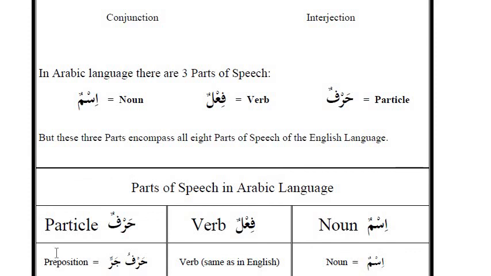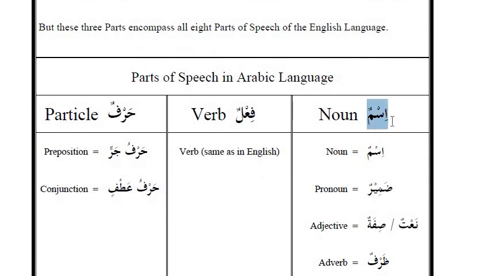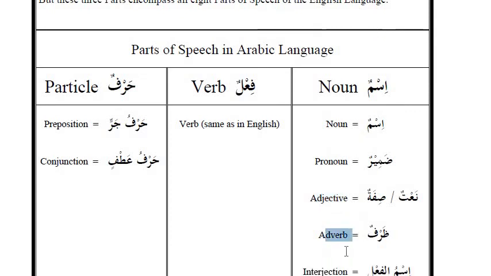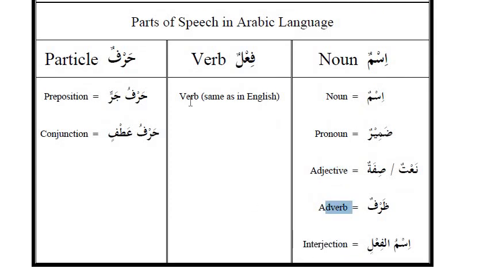In Arabic language, there are three parts of speech: noun, اسم, verb, فعل, and particle, حرف. The Arabic اسم includes English noun, pronoun, adjective, adverb, and interjection.